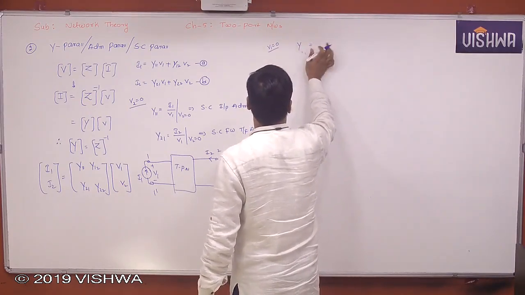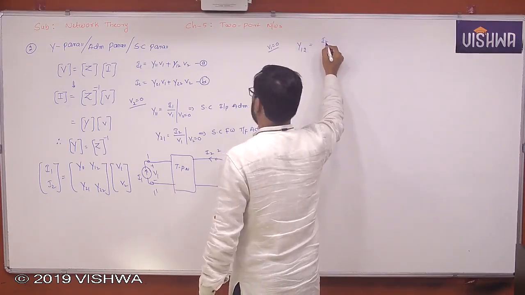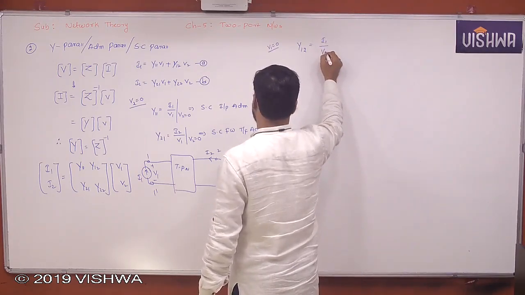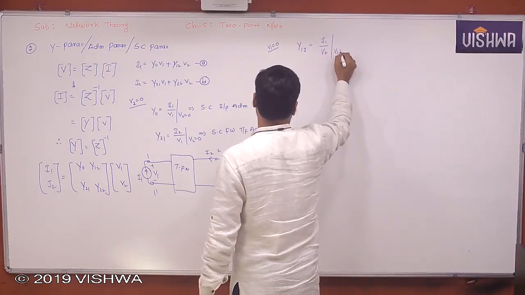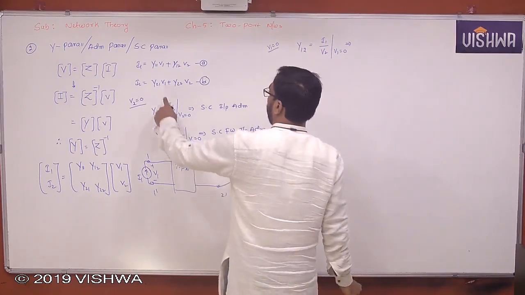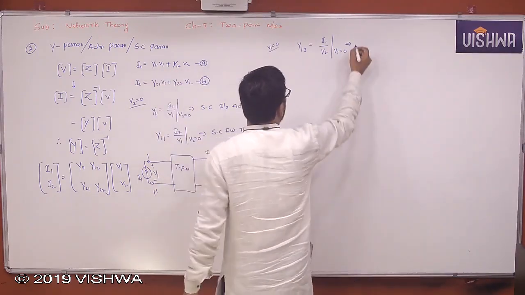Y12 is equal to I1 by V2 when V1 is 0. Yes or no? Okay, Y12 is equal to I1 by V2 when V1 is 0.